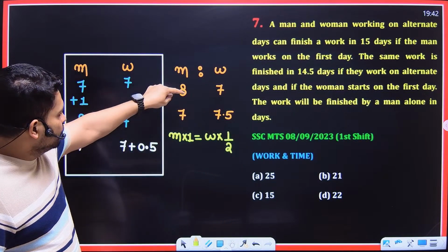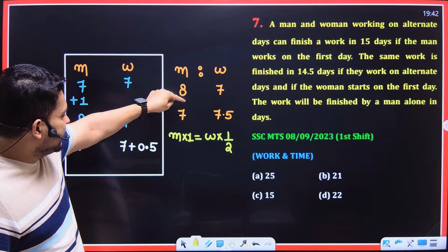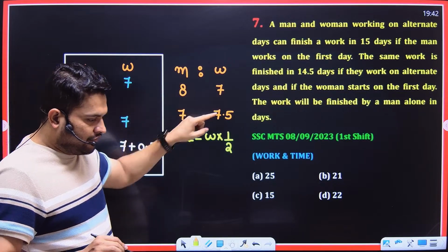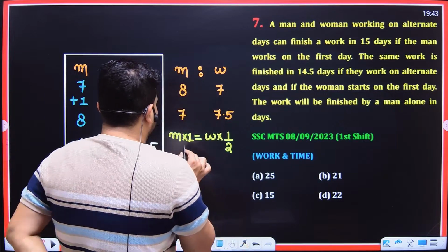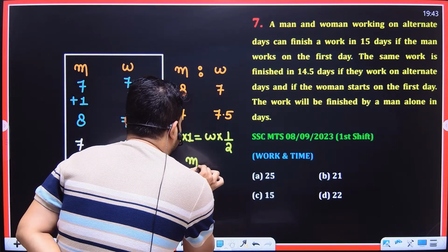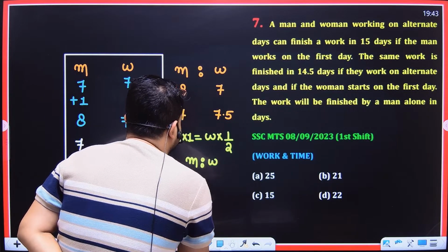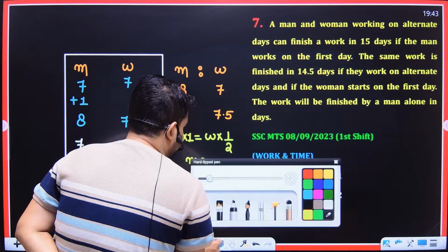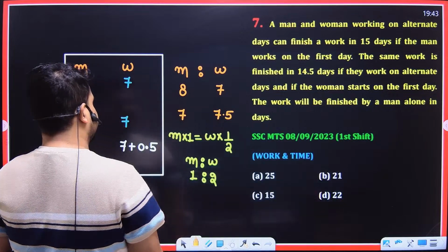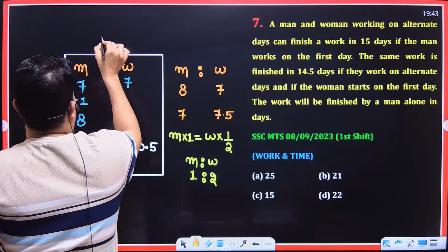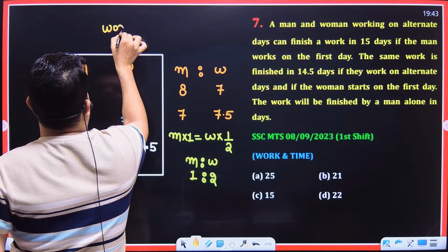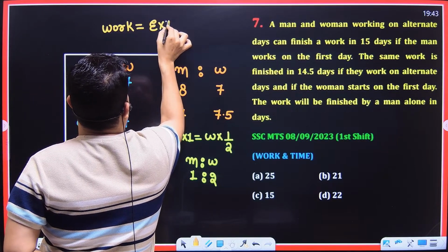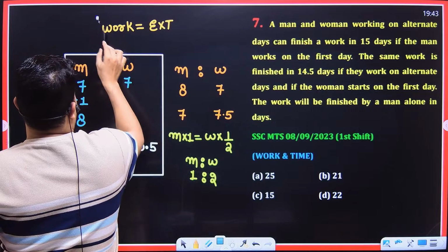If man works 1 day less, then woman has to work 0.5 days more. Then I have the efficiency of man ratio woman, and what it would be? 1 ratio 2. It means if the efficiency of a man is 1, then the efficiency of woman is 2. And the work is always calculated by efficiency into time taken by the individuals.